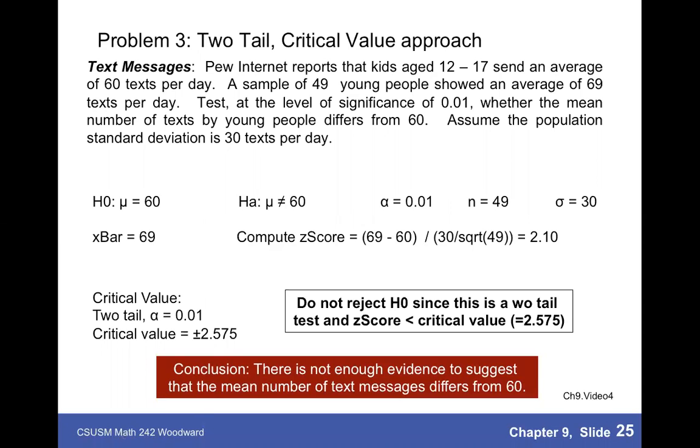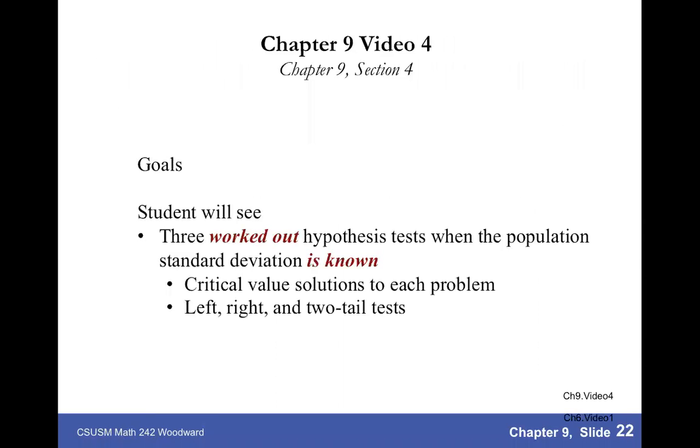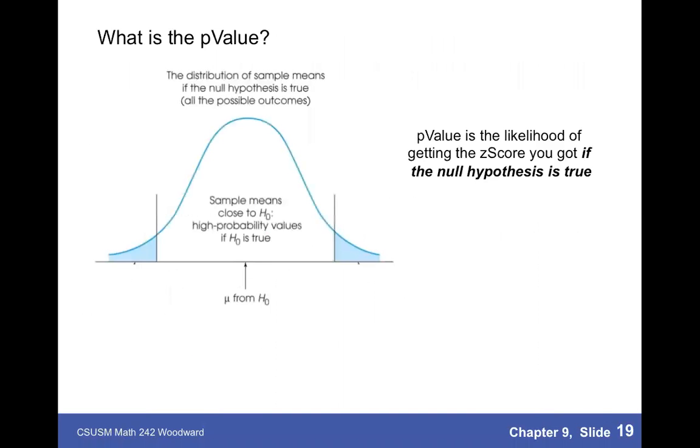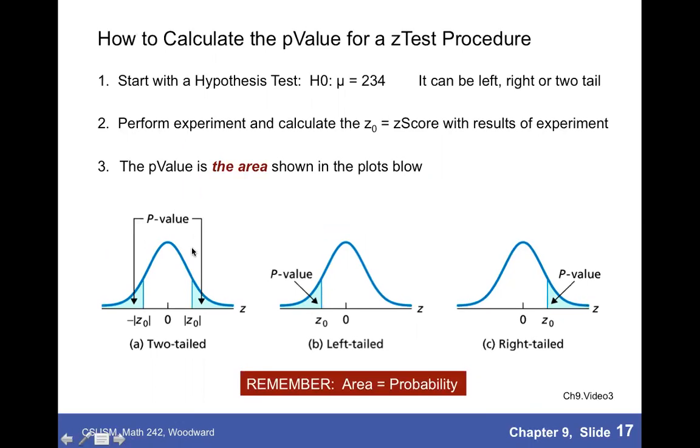So how do you know to reject it if it's less than 2.575, but it's greater than negative 2.575? I am so happy that you asked that question, because that means you're paying lots of attention and comprehending. I'm backing up to this picture. The critical values on a two-tailed test will be plus 2.575 here and minus 2.575 here.